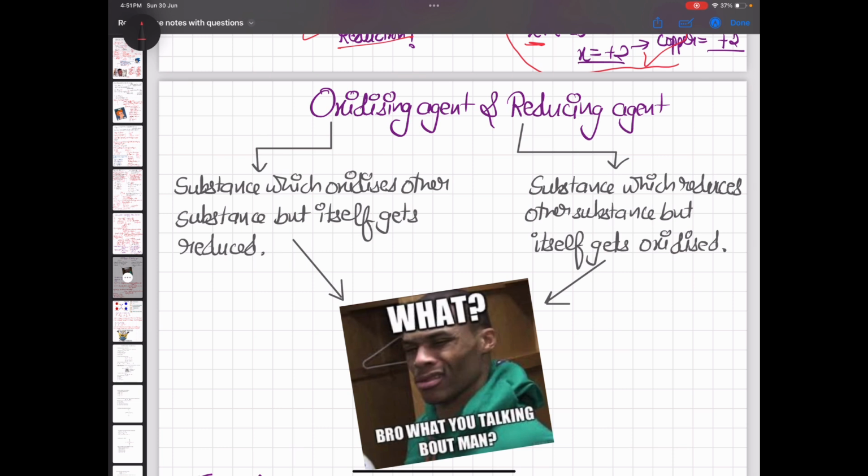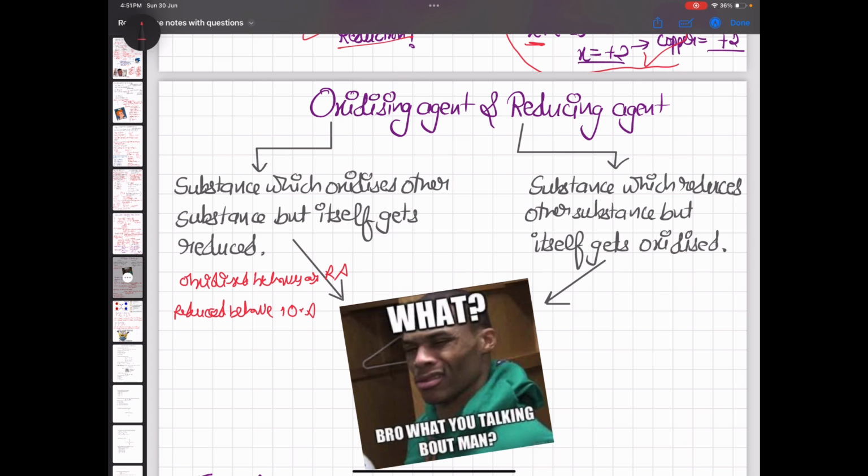In order to get all your questions right, you can remember only these 2 simple points: the species getting oxidized behaves as reducing agent. The species getting reduced behaves as oxidizing agent. If you remember these 2 points, all of your questions based on identifying the oxidizing agent and reducing agent will be correct.